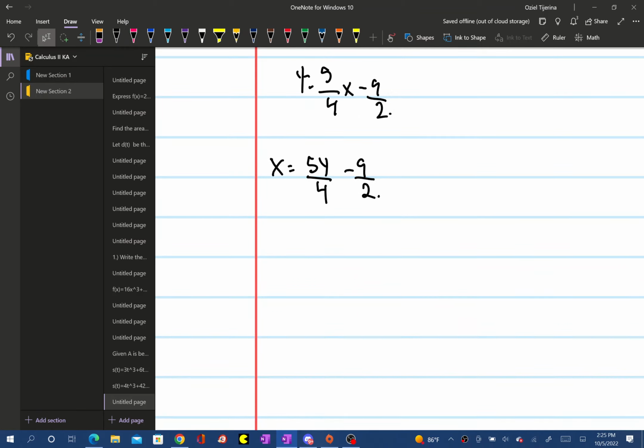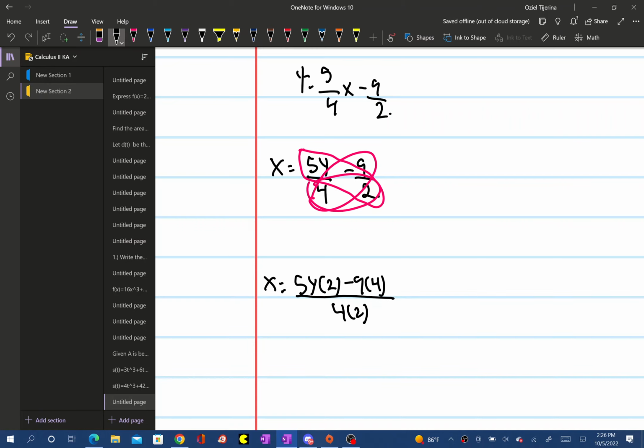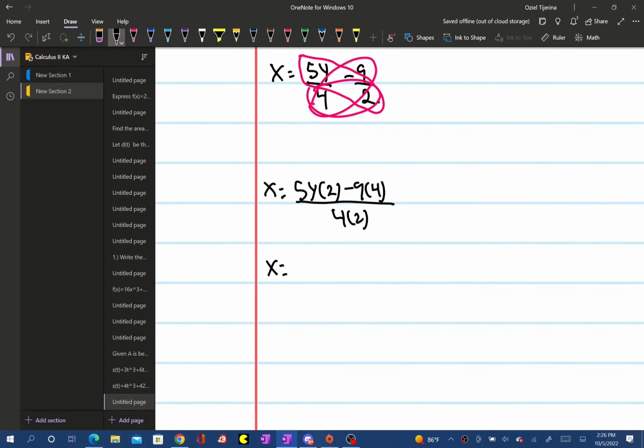Now we're going to go ahead and say x equals, and we're going to do cross multiplication. So we have 5y times 2 minus 9 times 4 all over 4 times 2. That's x equals 10y minus 36 over 8.